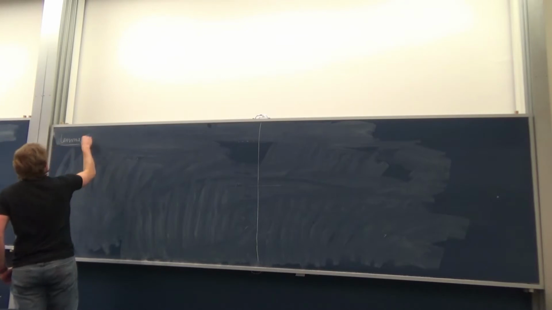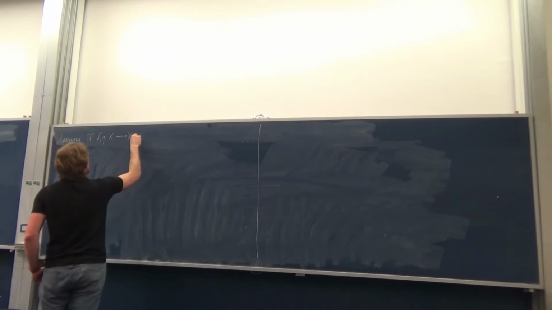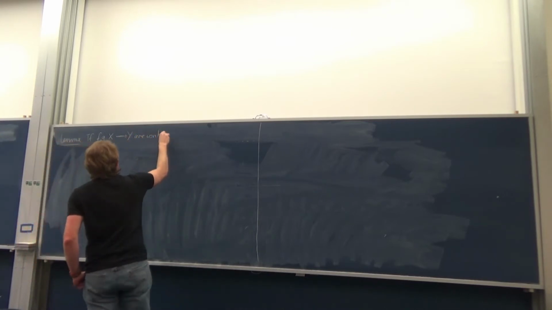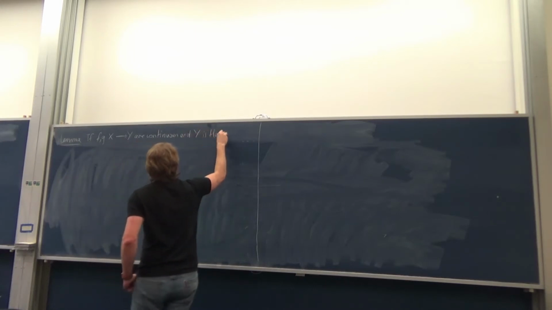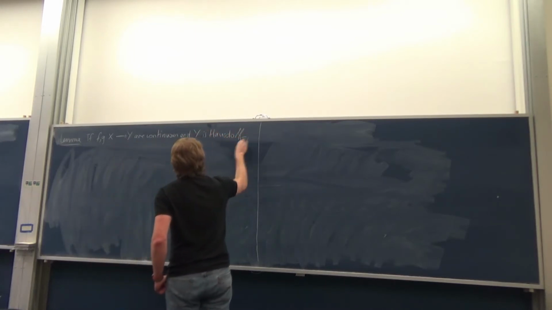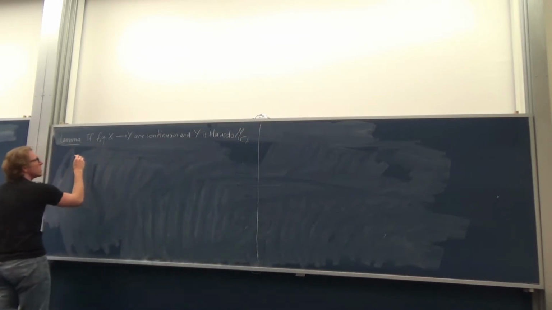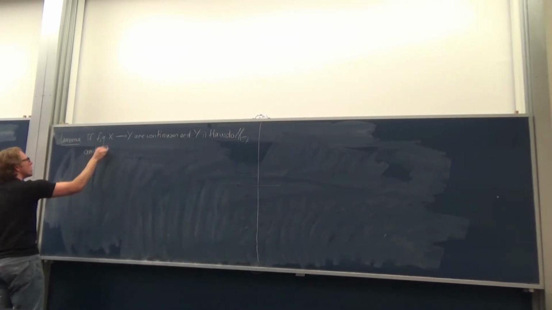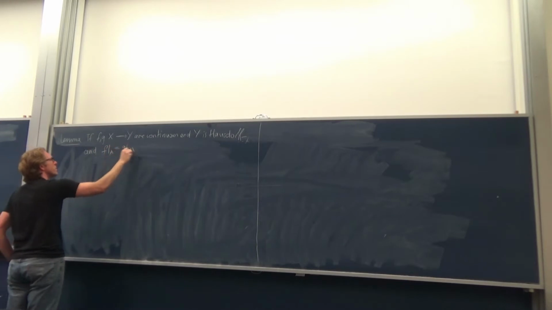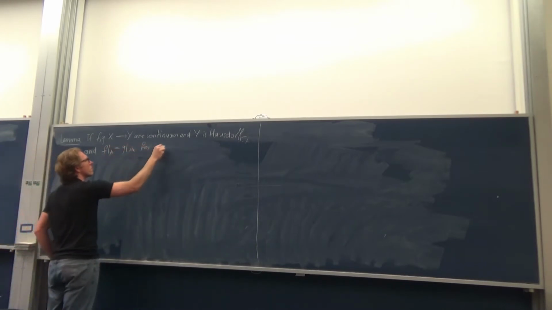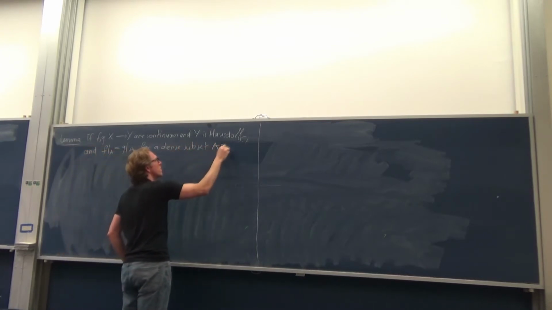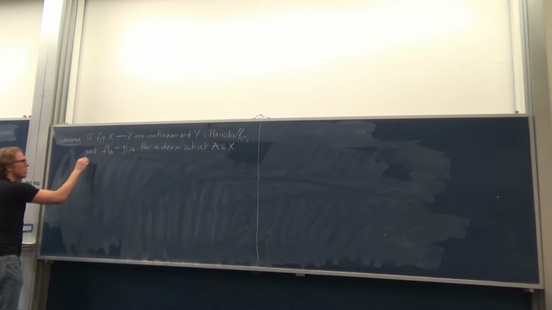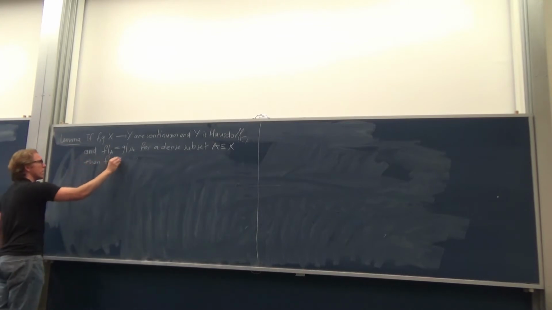The lemma says, if I have two continuous functions into a Hausdorff space, which agree on a dense subset, then they must be equal everywhere.